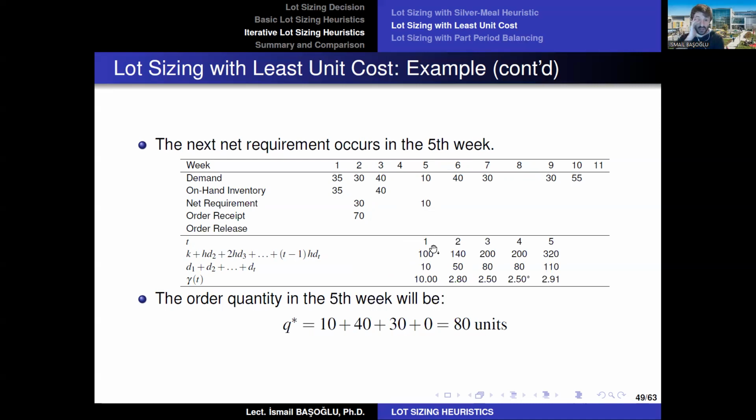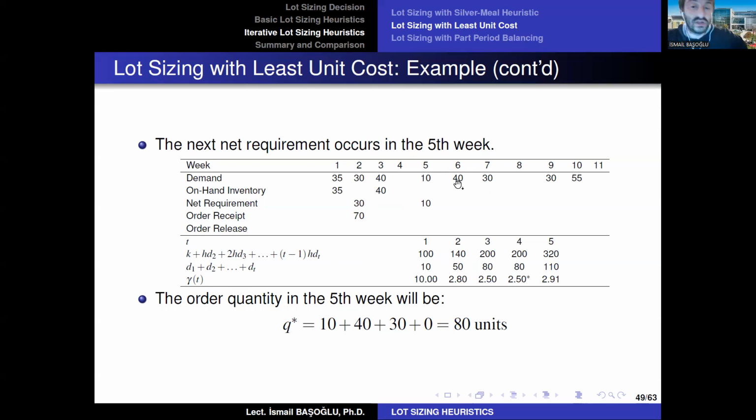Now, at this point, if you plan an order receipt that spans the demand of the 5th week only, then there will be $100 of fixed cost divided by 10 units of demand. So the average cost per unit will be 10.